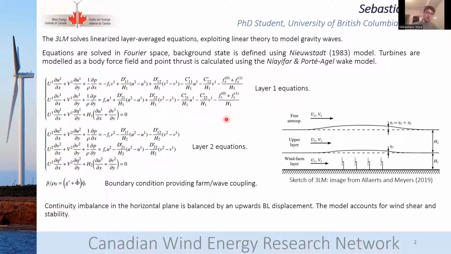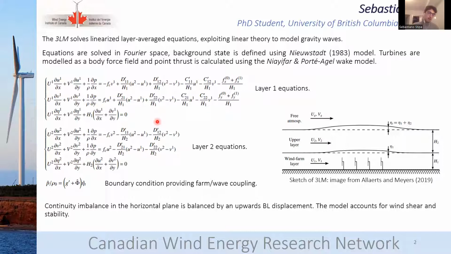The wind turbines are modeled as point forces, and the thrust at a point is spread onto the 2D grid using a Gaussian filter. We compute that thrust using a wake model, which runs in the background. Then these equations are solved and the perturbation field is found, and then we sample the velocity upstream of the wind farm to update the perturbation field, recompute the thrust, and so on until the model converges.